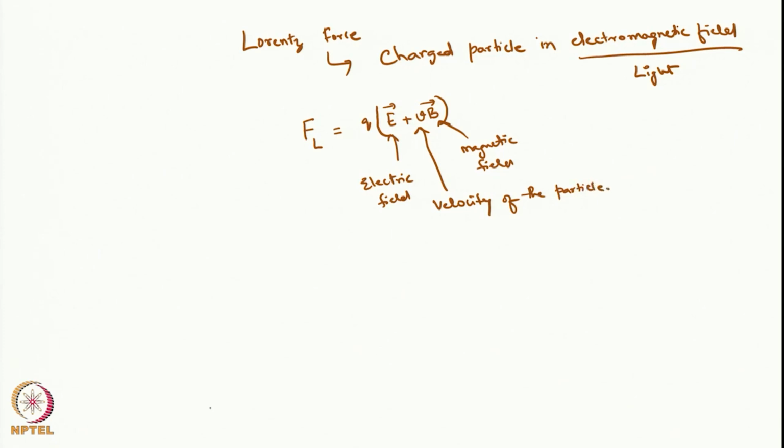Of course, that will depend on the charge Q. So, the more the charge, the more the force. For atomic and molecular systems, the charge is fixed because the electrons have a fixed charge. Of course, nuclei could have a different charge, which could be multiples of the electronic charge e. Now, this is the force that is called the Lorentz force.